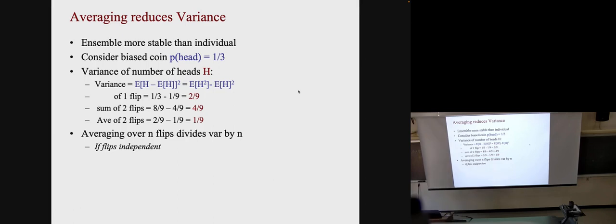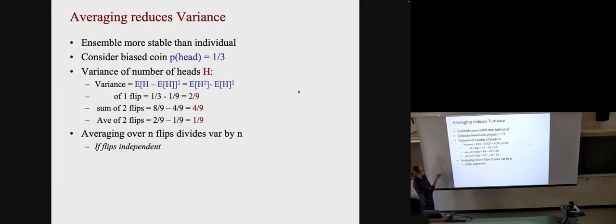If we compute the variance of the number of heads, remember the formula of the variance: E of (h minus E of h) squared. It can also be rewritten as E of h squared minus (E of h) squared. This one is the mean squared, which is just 1/3 squared, and that one is something different.